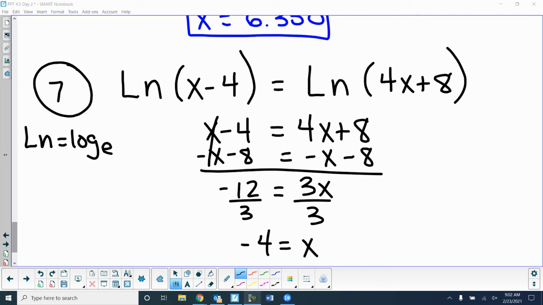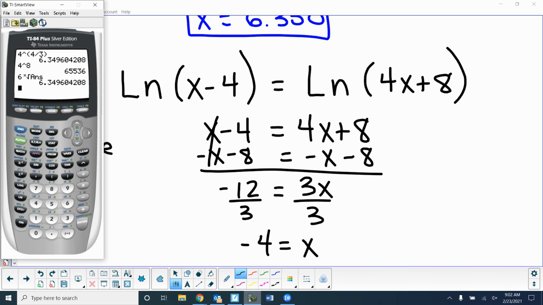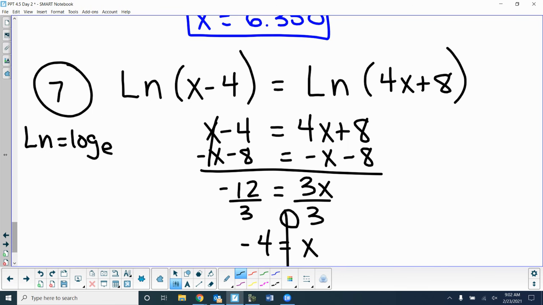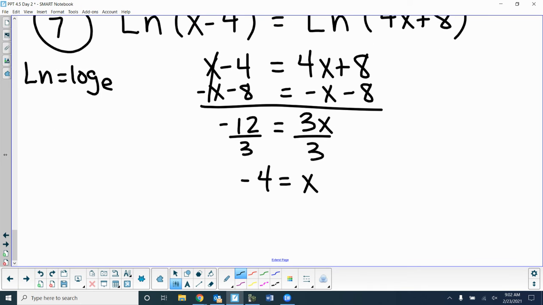Can I do the natural log of negative 8? No. So we did everything right, but this has no solution, because negative 4 really doesn't work.